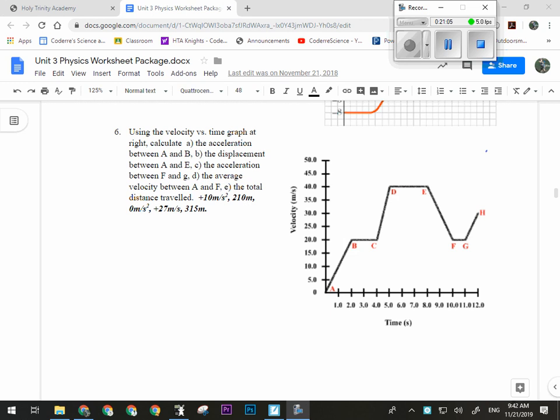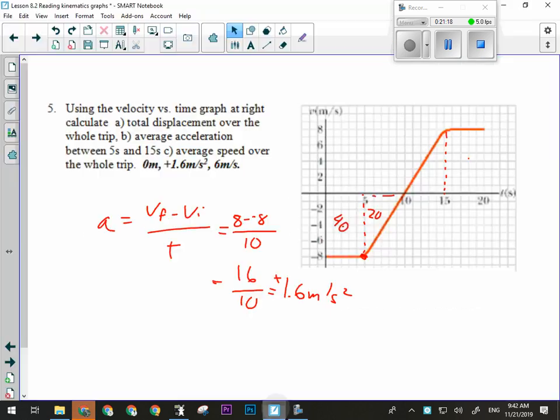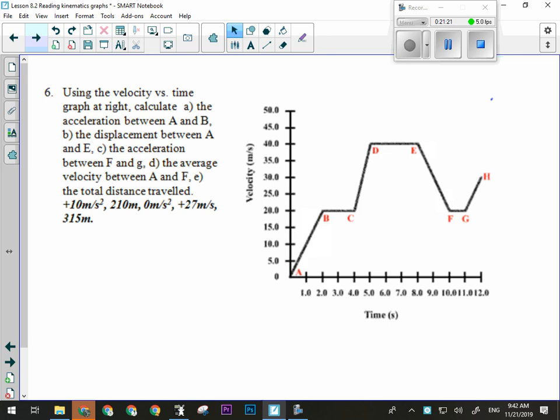All right, so the first part of this question wants to know the acceleration between point A and point B. All right, so acceleration, remember, is Vf minus Vi over t.